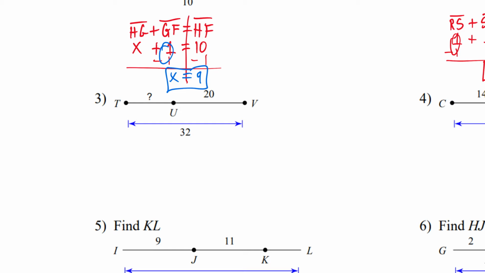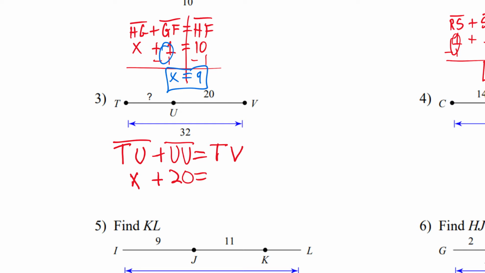Okay, who wants to write what they got? Go for it. All right, so how are we going to write a statement here? TU plus UV equals TV. Very good.